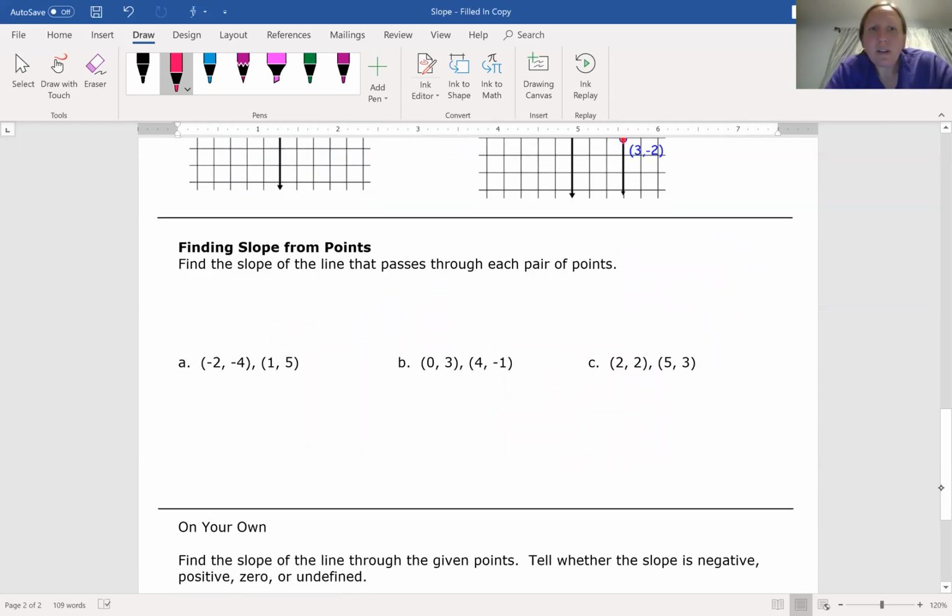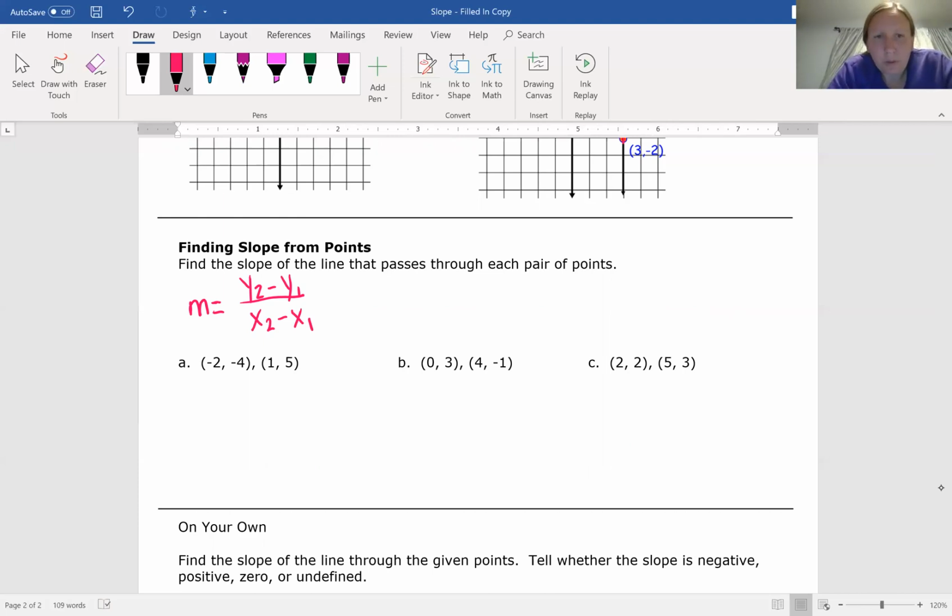Okay, we can also ask you to find slope from points, from ordered pairs. Technically, there's a slope formula. I will introduce the fact that for some reason, we call slope m. Don't know why, just go with it. So m equals y2 minus y1 over x2 minus x1.